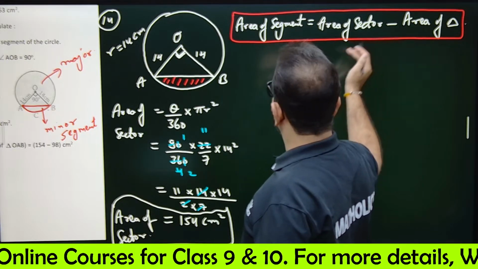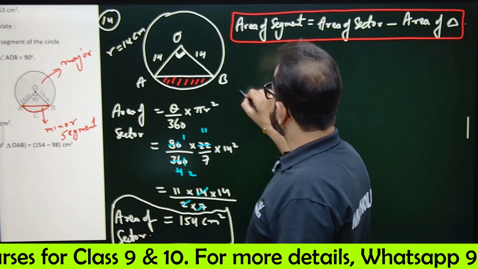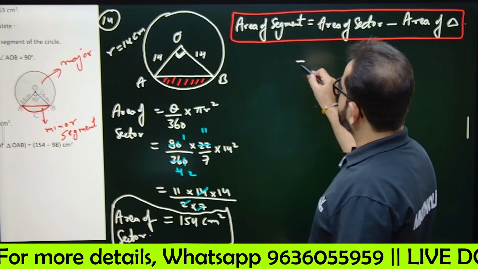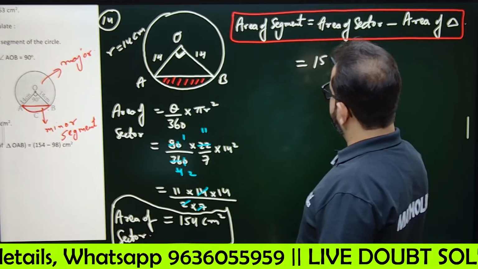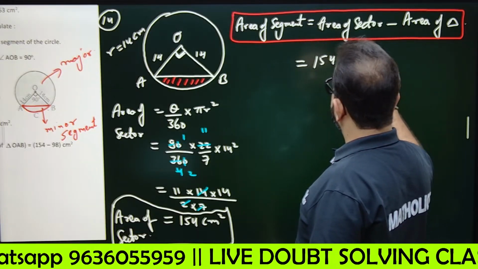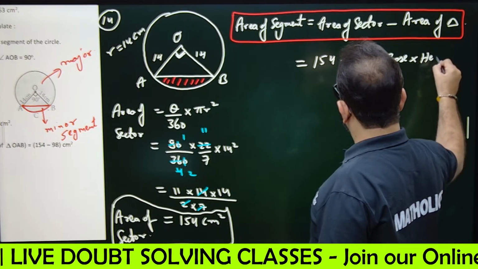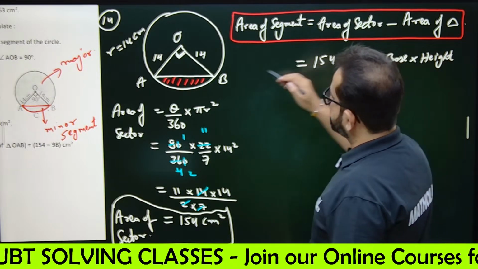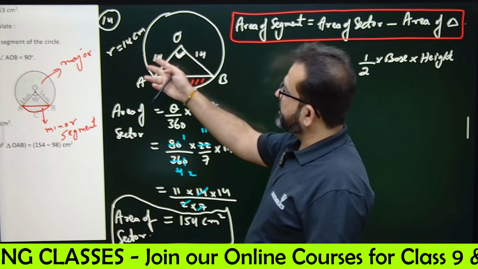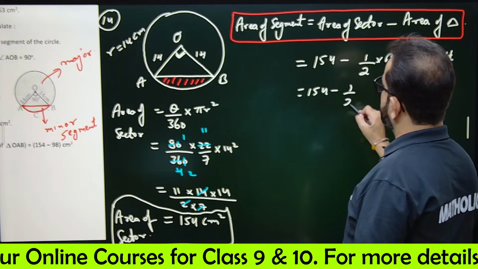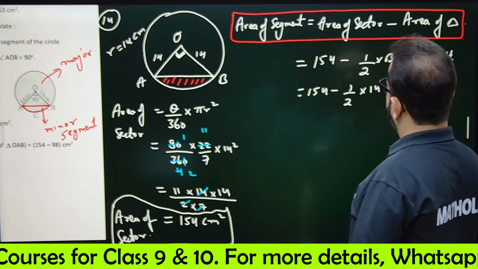So area of triangle will be half into base into height. You simply write area of sector as 154 minus area of triangle as half into base into height. And what are the base and height of this triangle? Obviously, this is hypotenuse. So base and height are 14 and 14. So we'll write 154 minus half into 14 into 14.